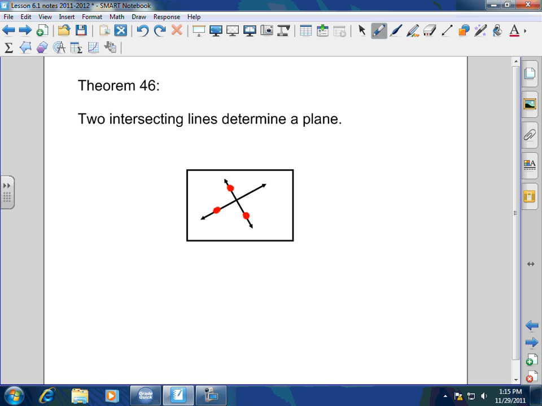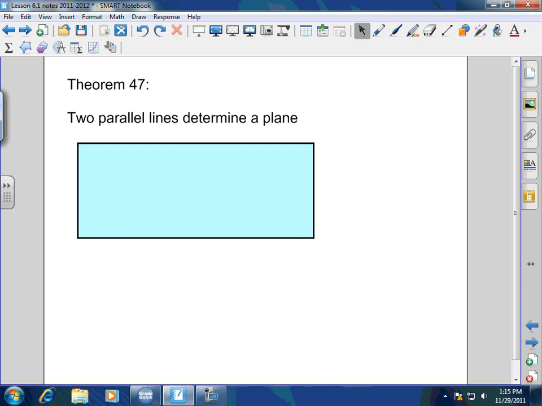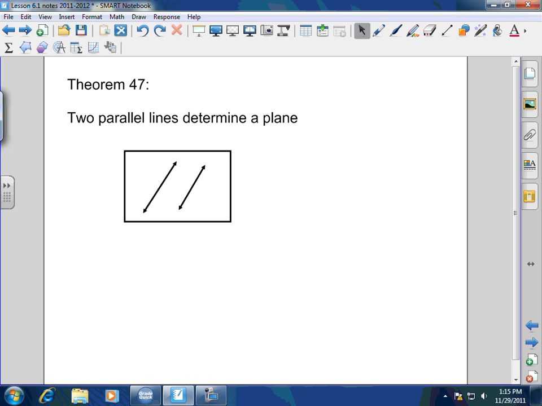So far we have 3 non-collinear points determine a plane, a line and a point not on that line determine a plane, our third one, 2 intersecting lines determine a plane, and last but not least, 2 parallel lines determine a plane.